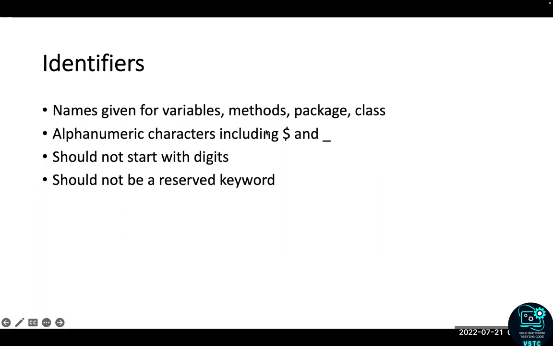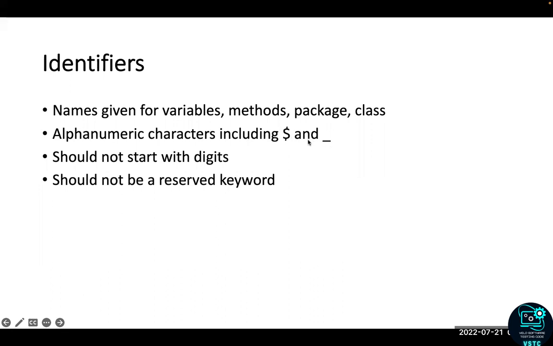So just like that, we cannot give any name to any method, variable or package. For giving a name, there are some rules. What are those rules? Alphanumeric characters, including dollar and underscore. So the name may contain alphanumeric characters like dollar or underscore.